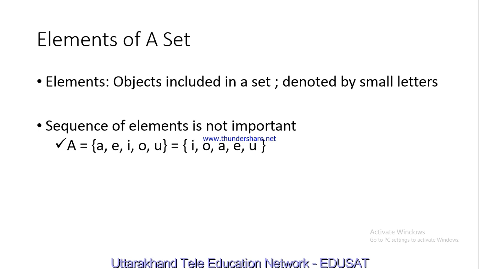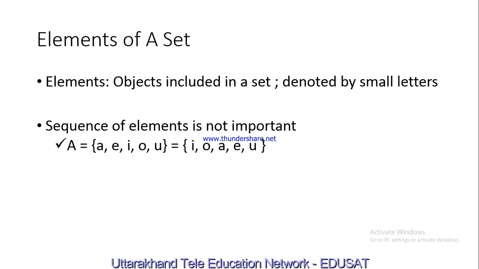So this is one example. A is equal to {a, e, i, o, u}. The capital letter denotes the set A, while the small letters denote the different elements in this particular set: a, e, i, o, u. So naturally, capital A on the left is basically denoting the set, and small a, e, i, o, u are the elements of this particular set.